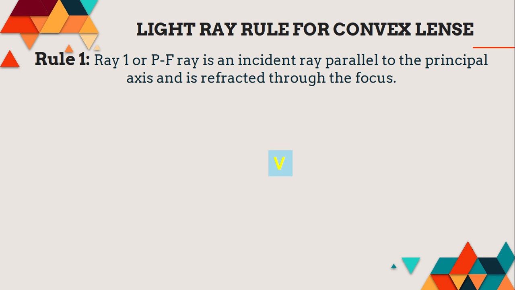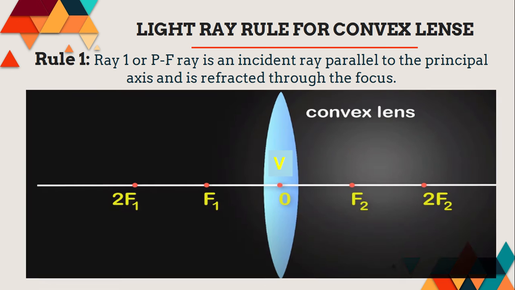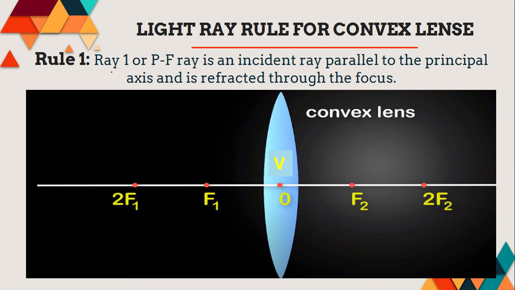The light ray rule, let us read it. In the light ray rule, ray 1 or the PF ray. So, what is the PF ray? The P represents the principal axis and F is the focus. So, there's an incident ray.